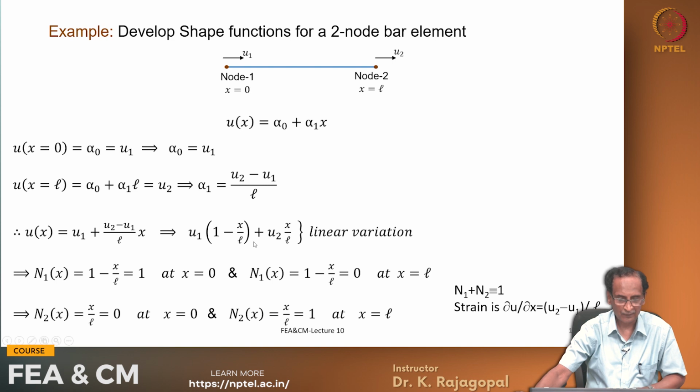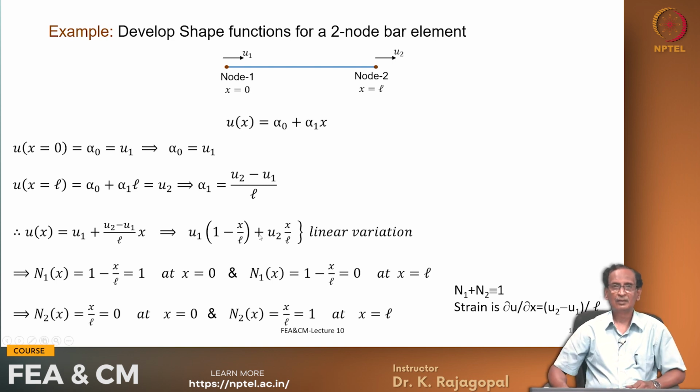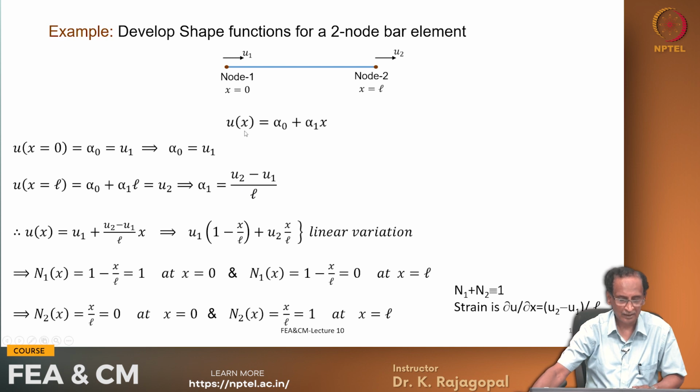And if you want to determine the strain within the element, we just simply take the first derivative, dou u by dou x, and that comes to just simply alpha 1, and alpha 1 is (u2 minus u1) by L. Okay.